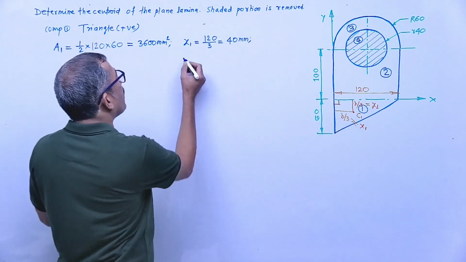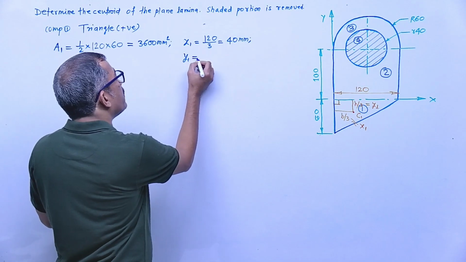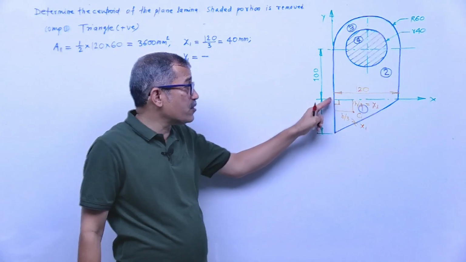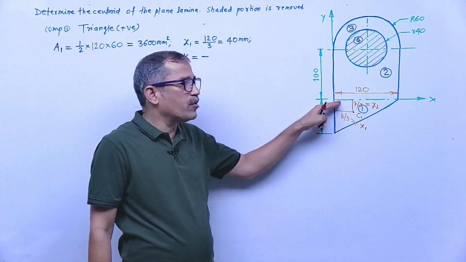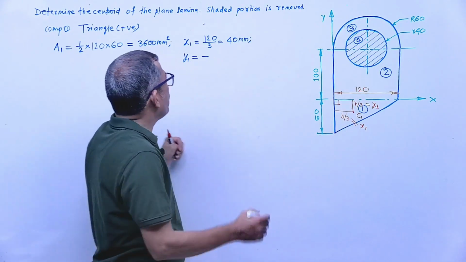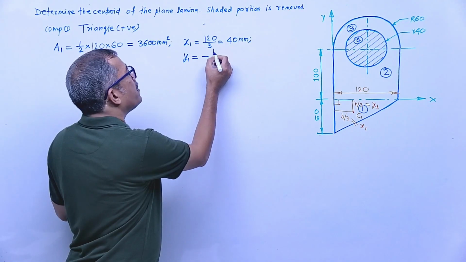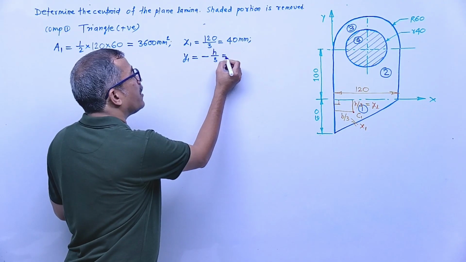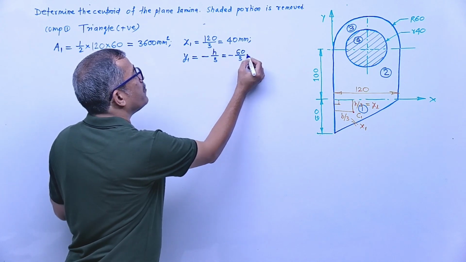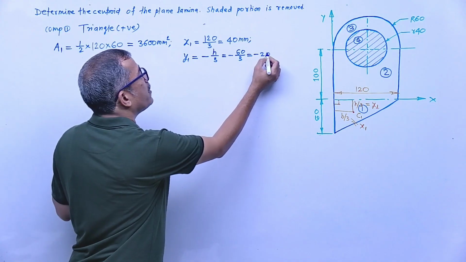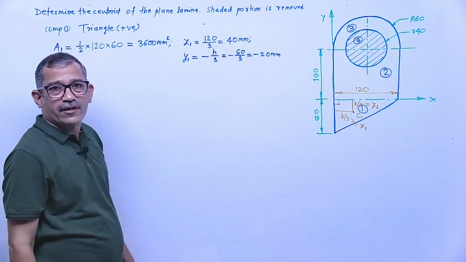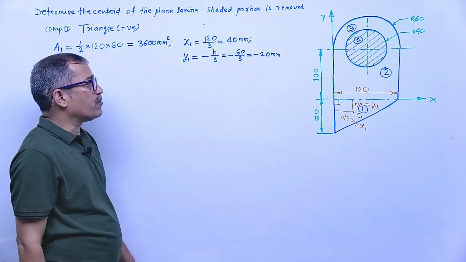And y1 is negative. Why negative? Below the x axis your y becomes negative. Above the x axis y is positive, right? So this y1 is H by 3. What is the height? 60. So 60 by 3 means minus 20 mm. Clear? I think now there is no doubt. We have area, x1, y1, and for all components we will find area, x and y.